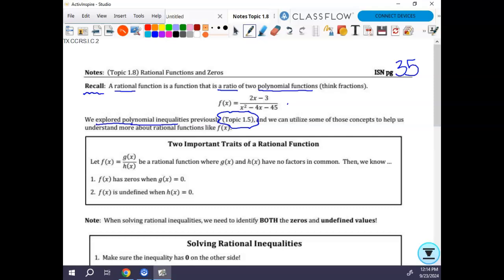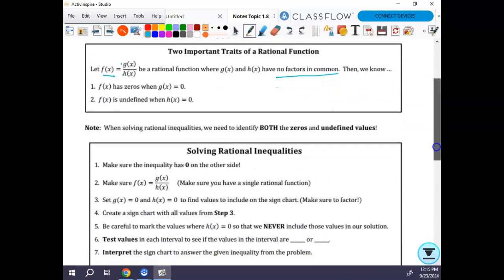more about rational functions. All right, so let's look at two important traits of a rational function. So we have this function that's equal to a fraction of functions, right? A ratio of functions. These are both polynomials, and we've already talked about polynomials. And there's no factors in common, which means we've already reduced it if there was a hole, okay?